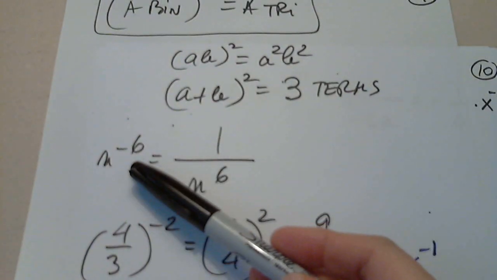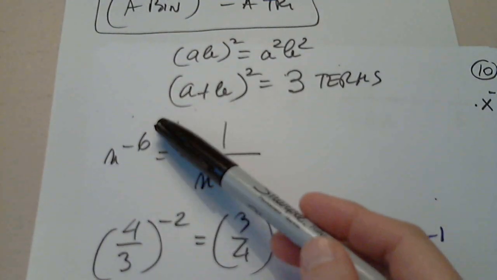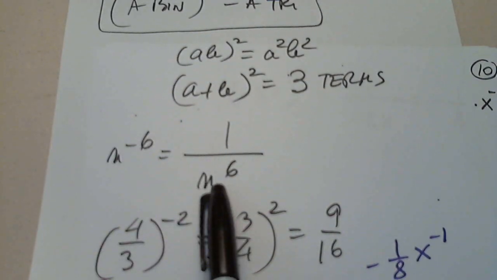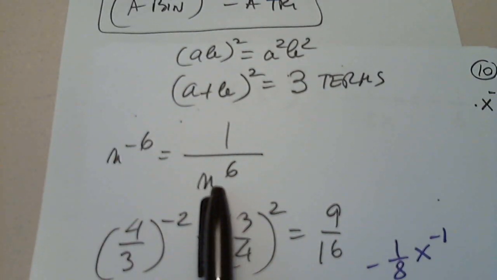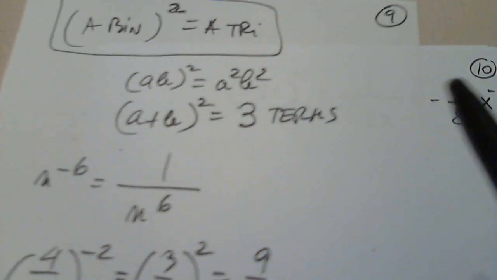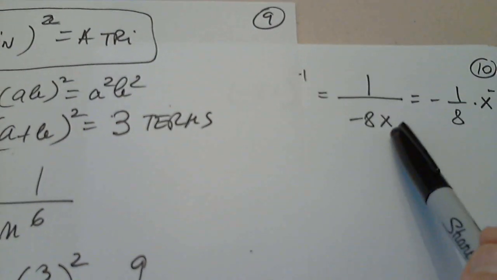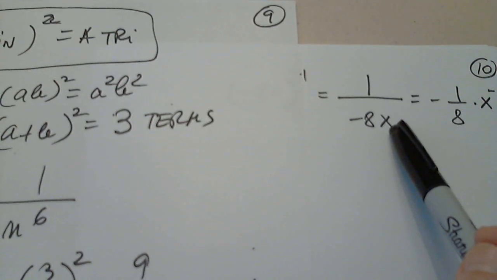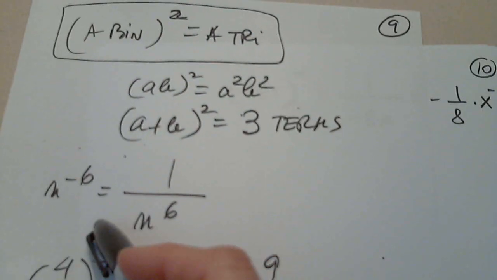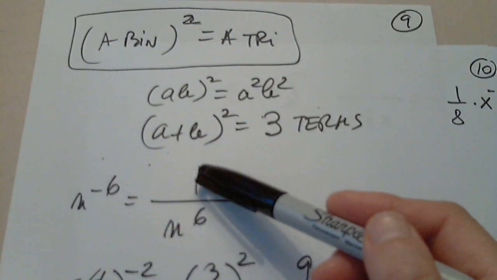For the same reason, if I have a negative power in the numerator, that power or that expression goes to the denominator with a positive exponent. Vice versa, if I have this expression with negative exponent in the denominator, then, well, actually, it's just 1 over x. It's the same situation. So x to negative 1 is 1 over x.